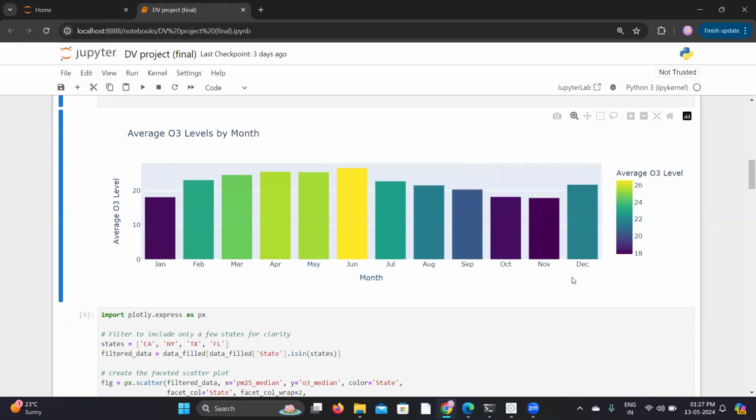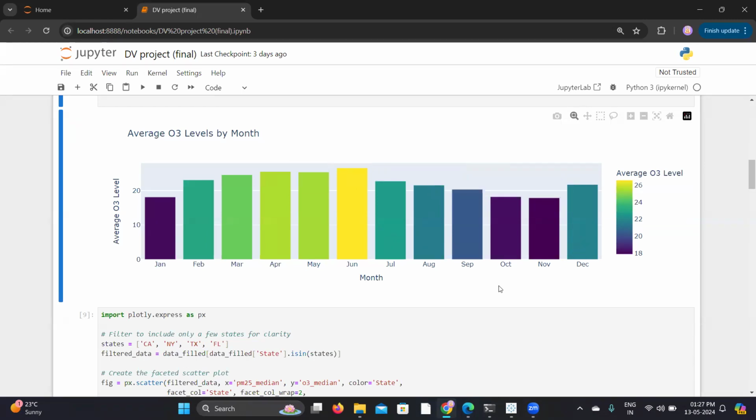The use of a color gradient from purple to green emphasizes the rise and fall of ozone levels, with the highest concentrations shown in bright yellow in June, indicating the peak of ozone levels. Here January has an ozone average level of 18 and June has 26, and gradually it decreases after June slowly to December with a 21, indicated with green.